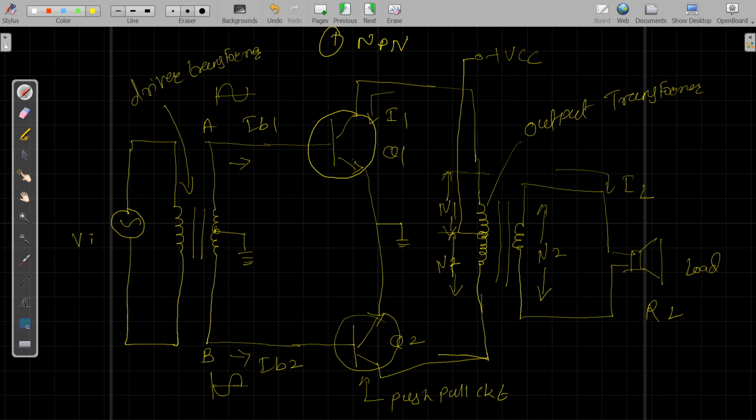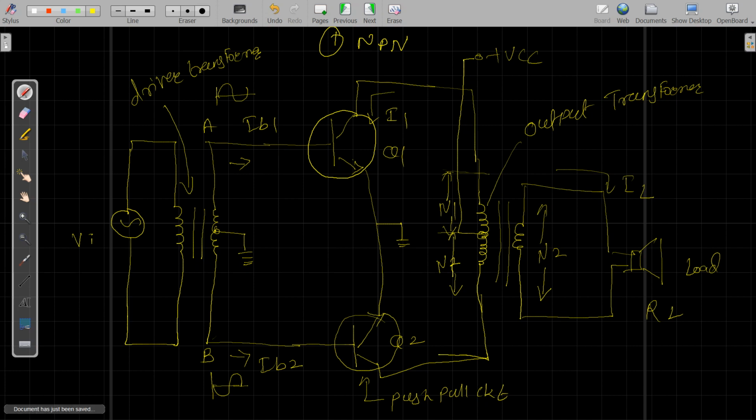The input we are applying is to the primary of this driver transformer. The center tap on the secondary of the driver transformer is grounded, as you can see. Because of that, the center tap of the primary winding of the output transformer is connected to the plus VCC.